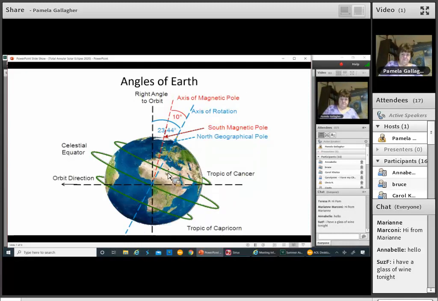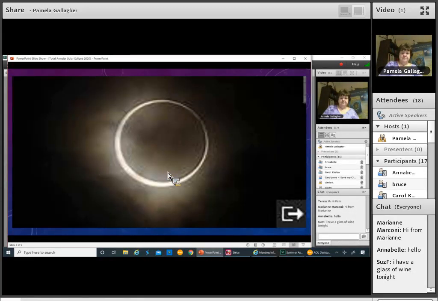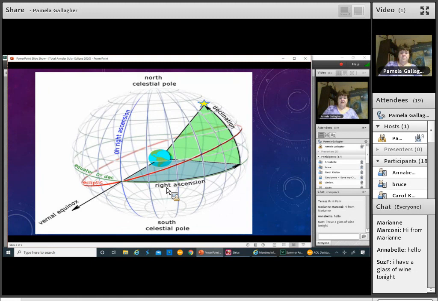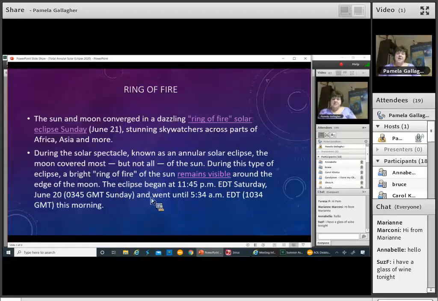Now, here we go, and here's this Earth again with the North Pole and the South Pole, and it's on an angle. So early this morning, the sun and the moon conjuncted at 0 Cancer and made an annular total solar eclipse.